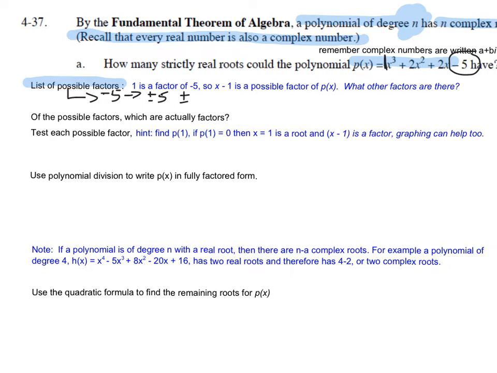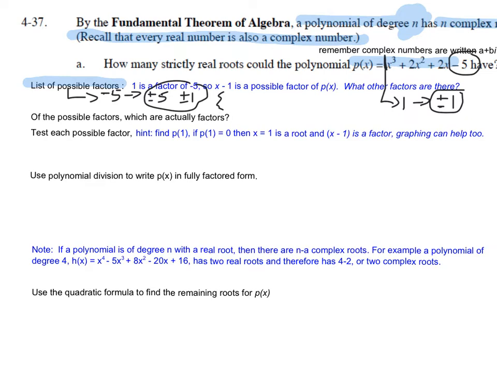Possible factors of 1 are plus or minus 1. Therefore, the list of possible factors is always going to be the factors of your constant term divided by the factors of your lead coefficient.